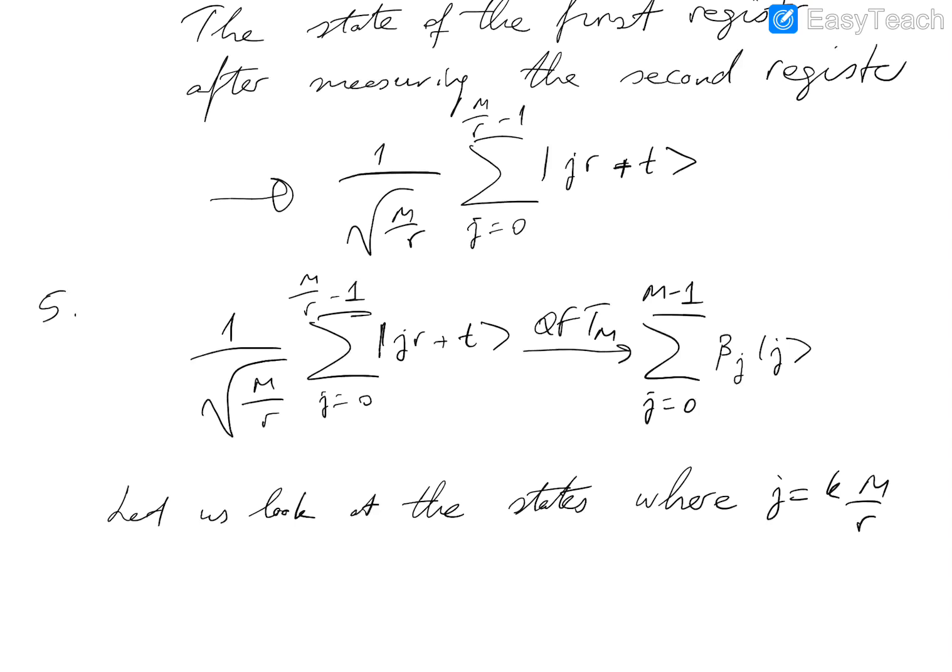We want to know what beta k times m over r is. That is, let's look at beta k times m over r.